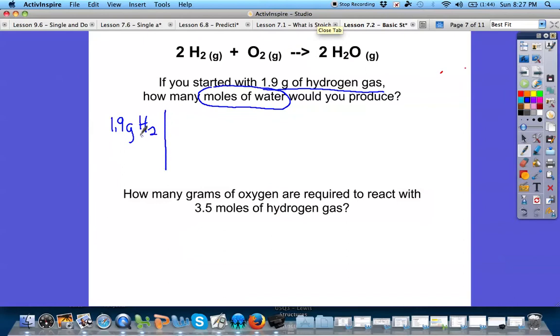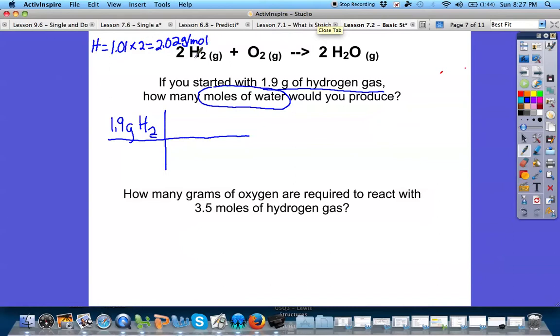So we need to find the molar mass of hydrogen gas. Hydrogen's average atomic mass is 1.01. And then we have 2 atoms, so we're going to multiply that by 2. And that's going to give us 2.02 grams per mole.